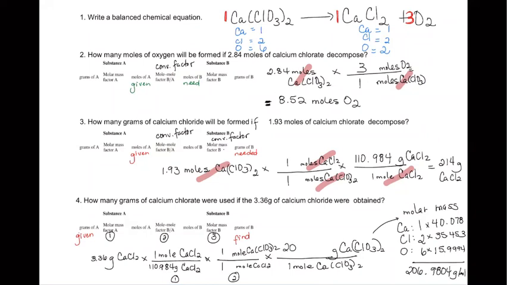We already put the mole in the bottom. So in the top is 206.9804. We're going to multiply that times 1 times 1 times 3.36. And we're going to divide the whole thing by 110.984.